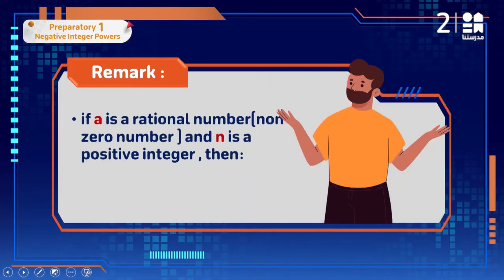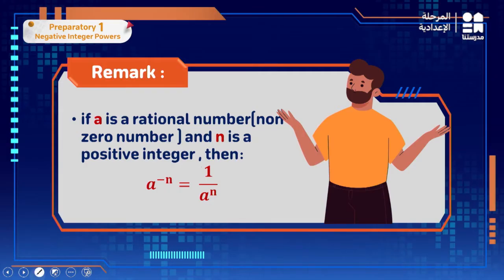Remark that if a is a rational number, non-zero number, and n is a positive integer, a to the power of negative n is equal to 1 over a to the power of n. So when I have any negative exponents, we need to flip the rational number or flip the fraction.